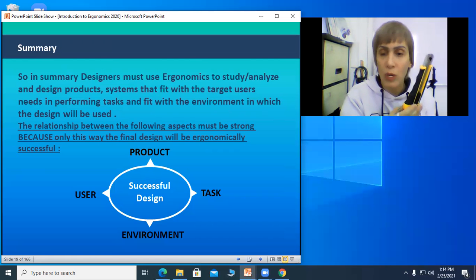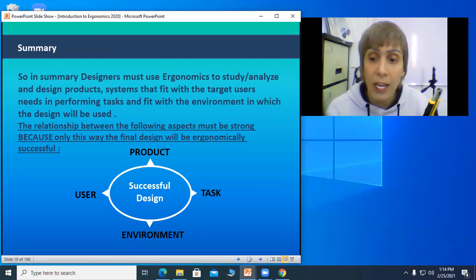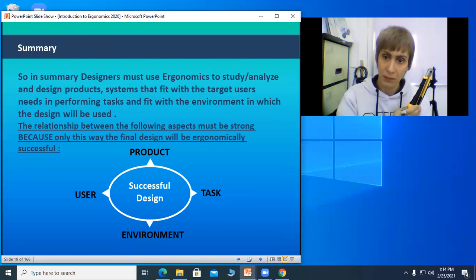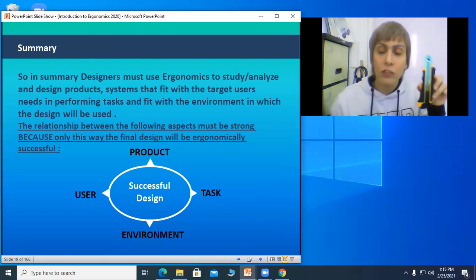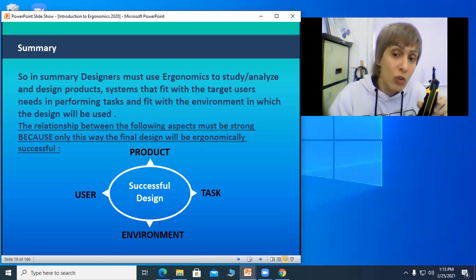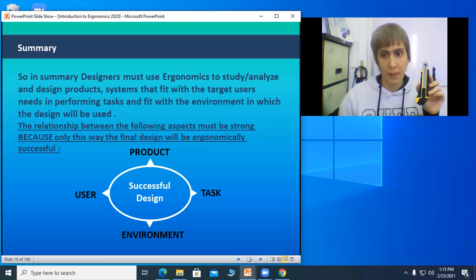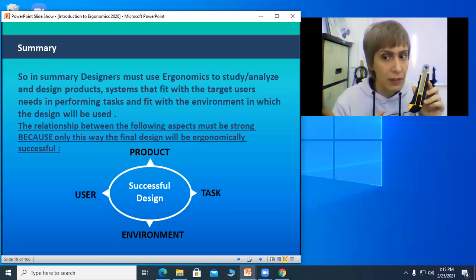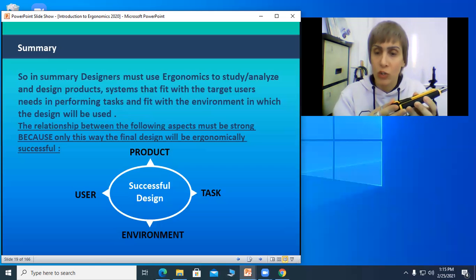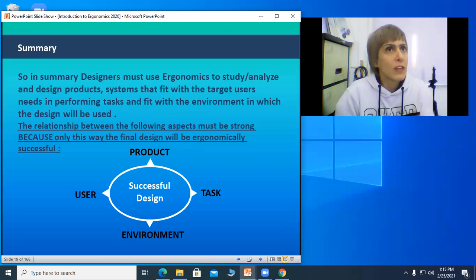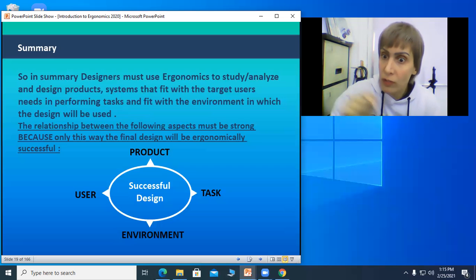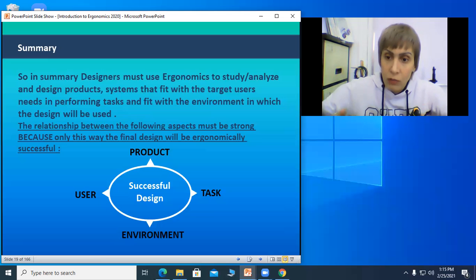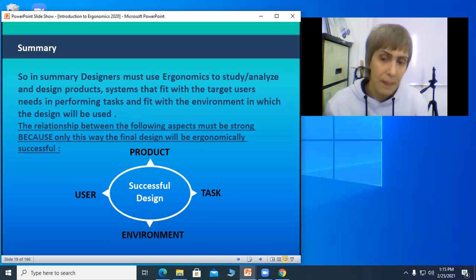It gives me information how to analyze this, for example, that already exists, so that I can find mistakes in the design. So I can find, okay, where are the mistakes? Where are the problems in this one? So that when I design the new one, I can solve these problems. This is analyzing existing products, existing machines, existing whatever you're designing, and find where are the problem areas. And you as a designer need to fix them, need to solve them in the new design.